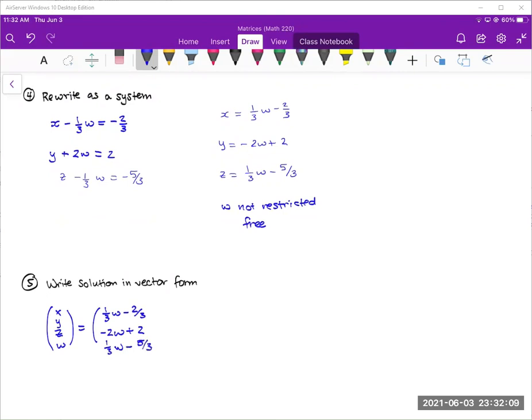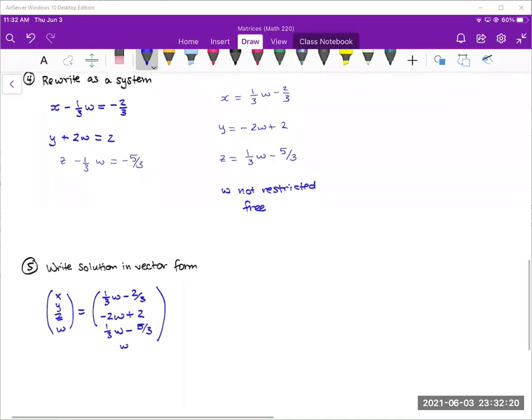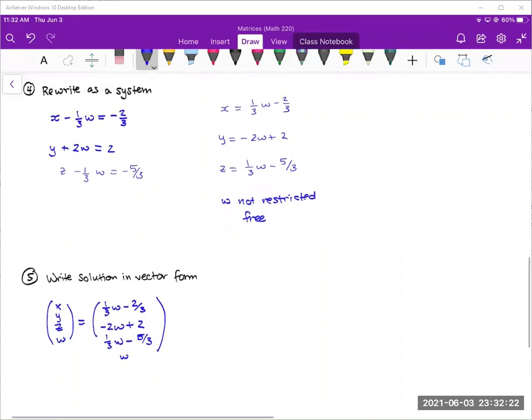And then the way that we write w is just as itself, as w. Okay. And so this is what we mean when we say write our solution in vector form. Great.